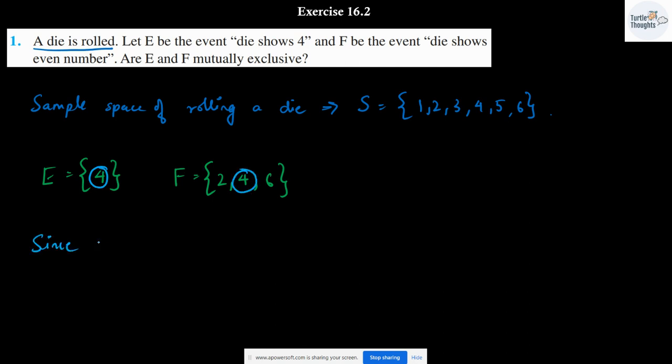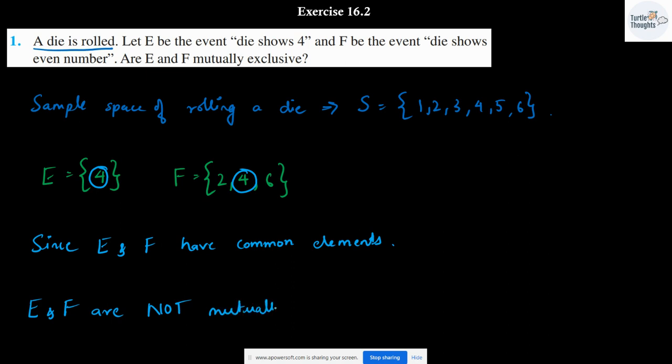Since E and F have common elements, I can tell E and F are not mutually exclusive events.